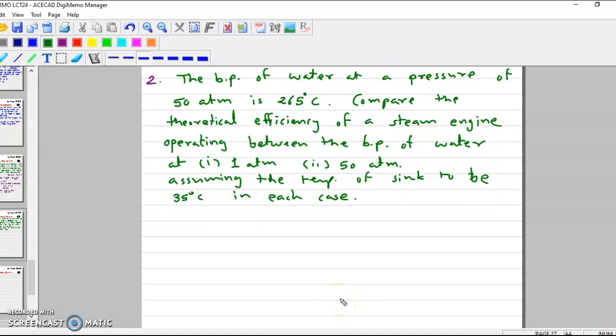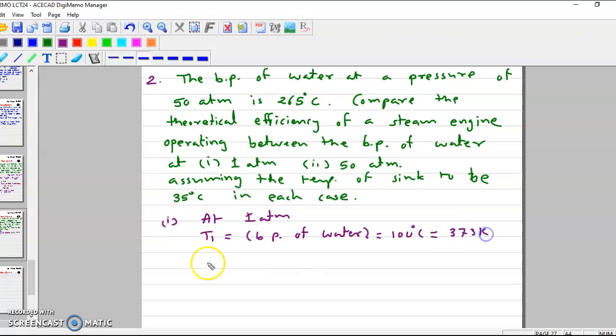Now let us take the first one, at 1 atmospheric pressure. Here the higher temperature T1 is the boiling point of water, that is 100 degrees Celsius, which is 373 Kelvin.